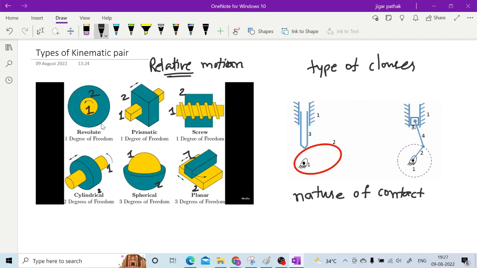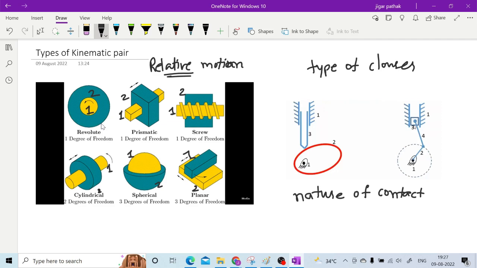In the prismatic pair you have translatory motion, as you can see, so this is only 1 degree of freedom, right? In this screw pair also, your link element has circular motion and translatory motion at the same time, but still the degree of freedom is 1 only in the case of the screw pair. So this is how you have the screw pair, or you can say screw joint, right?